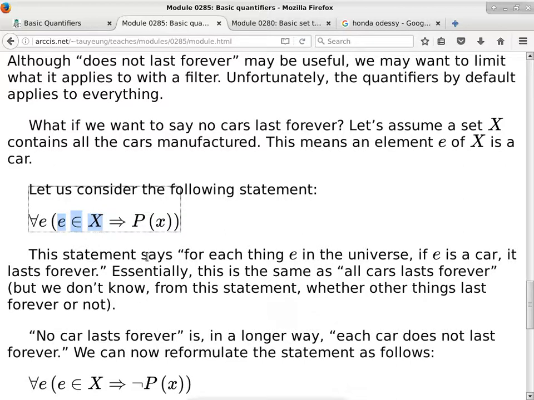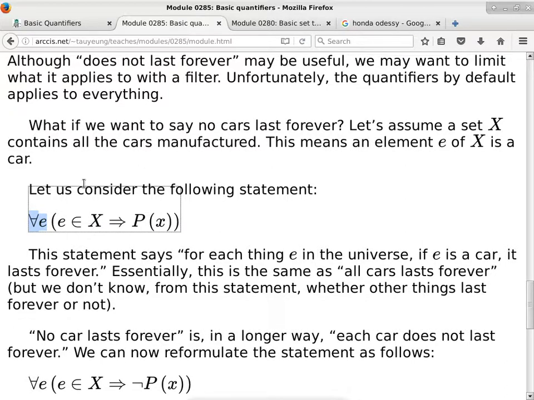This part here is saying for everything in the universe, but I can't really target one thing when I say for everything.